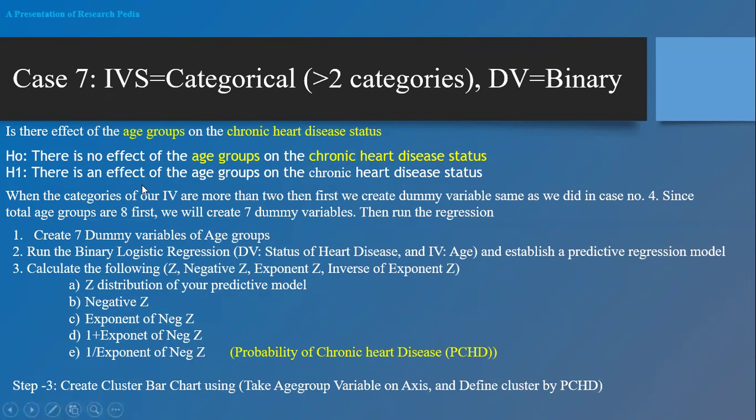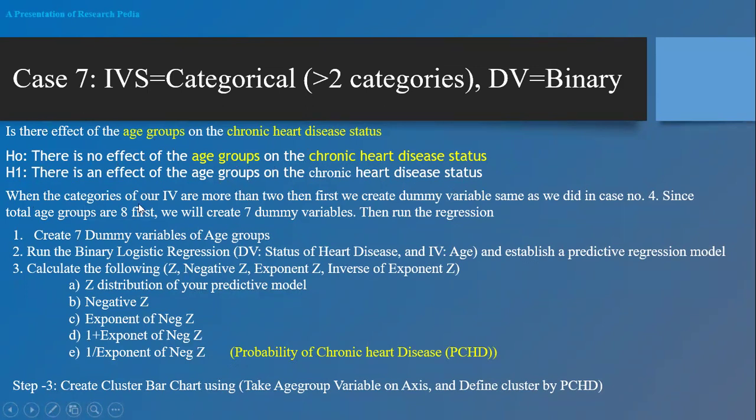So our major concern is: is there any effect of age groups, different number of age groups, maybe more than two, on the chronic heart disease status? Our null hypothesis is there is no effect of age groups on chronic heart disease status, and our alternative hypothesis is there is an effect of age groups on the chronic heart disease status.